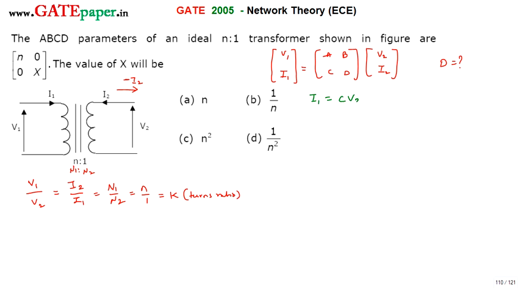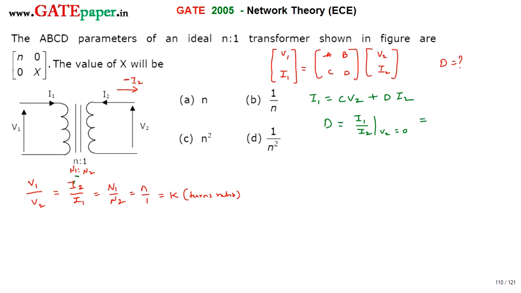I1 is equal to C times V2 plus D times I2. When V2 is equal to 0, D can be written as I1 by I2. So D is defined as I1 by I2 with V2 equal to 0. When V2 is equal to 0, the ratio of I1 by I2 is D.